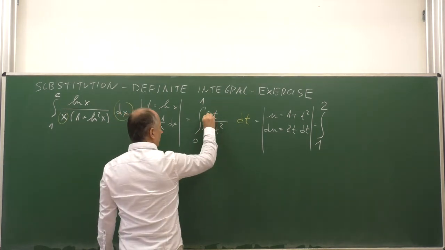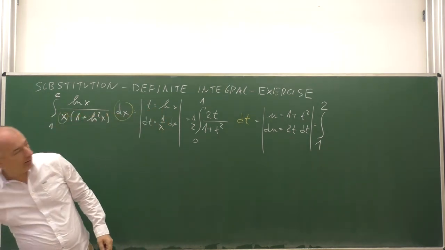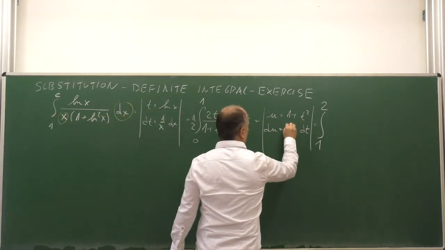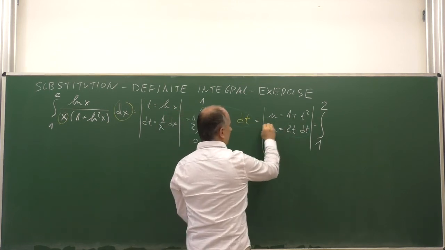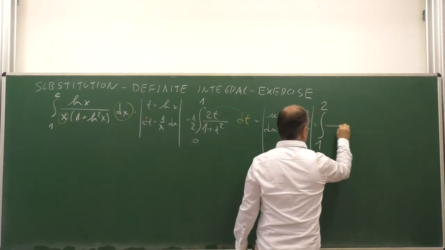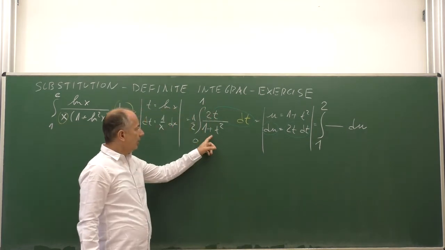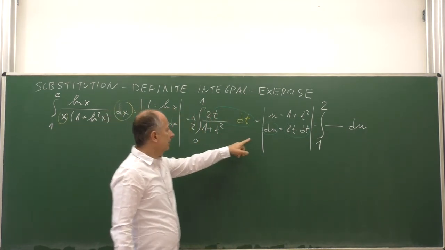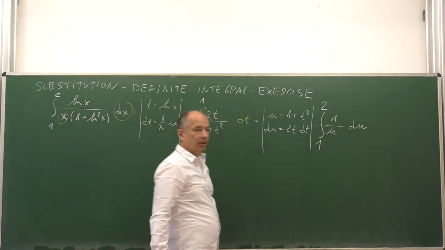Perhaps if we multiply by 2 and divide by 2, then the differential 2t dt is here, and this is du. And we have 1 plus t squared in the denominator, which is u, and only 1 here.